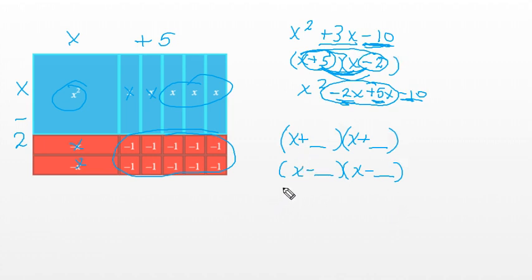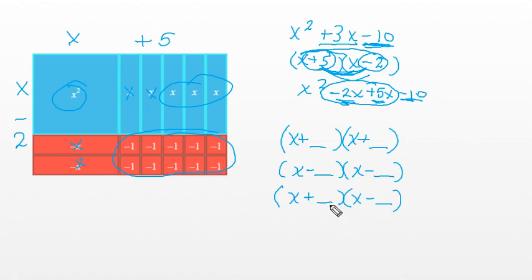And then if I am adding a number and I'm subtracting a number, this is the only way that I can get a negative third term, right? If I multiply a positive times a positive, I'll get a positive third term. If I multiply a negative times a negative, I'll get a positive third term. Here, I've got to multiply opposite signs in order to get that negative third term.